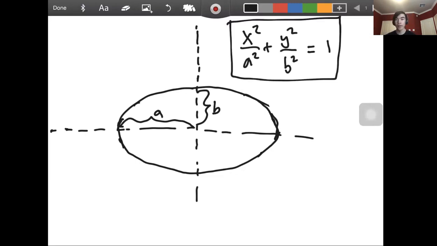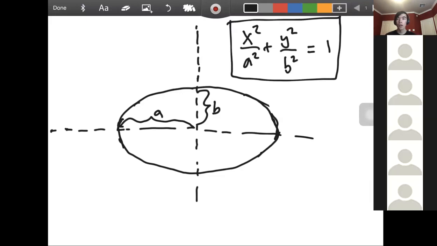Can you guys understand why this is the formula? Oh, am I lagging? Oops, this is bad. Am I lagging? Can you guys hear me? It's good now? Okay.